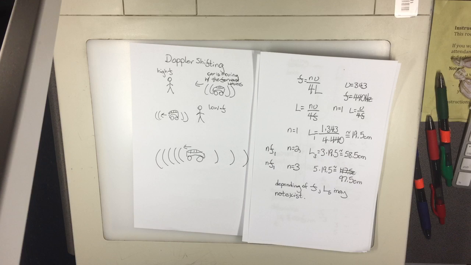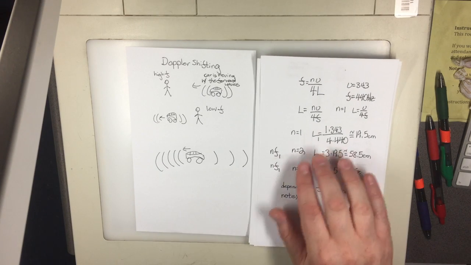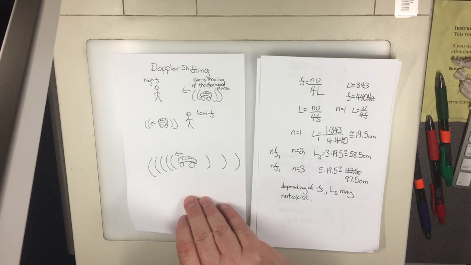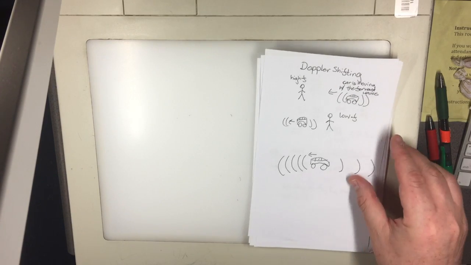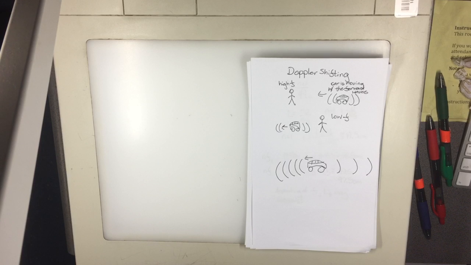What happens when sound waves more frequently encounter you? You hear that higher frequency. What happens when you emit sounds and they're further apart? You hear a lower frequency. Neither of which is the source of the sound. They're a changed value.